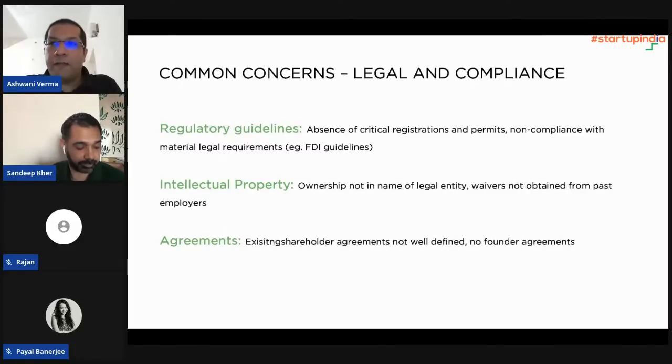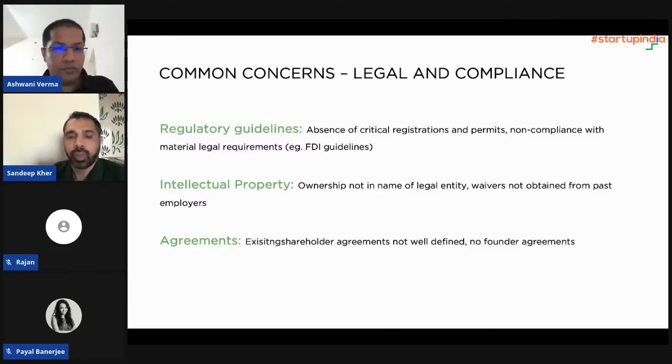Then if there are any major litigation issues or claims or disputes at an early stage, what stage are these disputes at, and can these disputes be easily resolved, or can they pose a threat to the business expansion at a future stage? On that note, Sandeep, over to you.